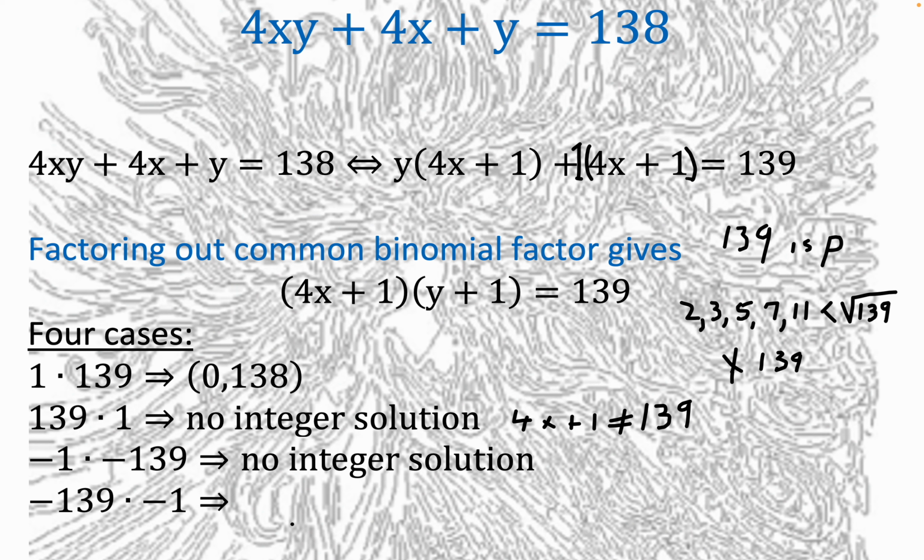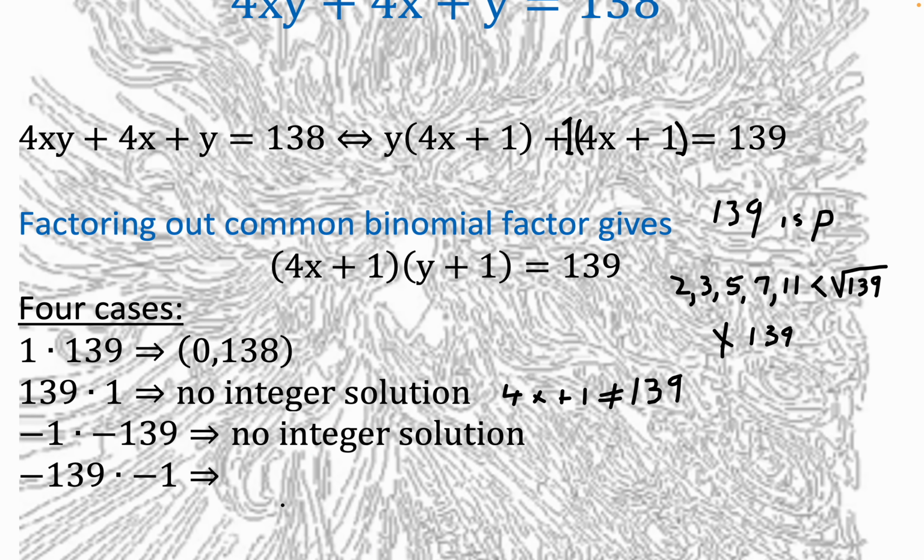Now this next one though is the one that's interesting. That is where you're going to get an answer. If you set this first factor, and again the order is important here, 4x plus 1 equals minus 139, that implies, if you subtract 1 from both sides, 4x is equal to minus 140.